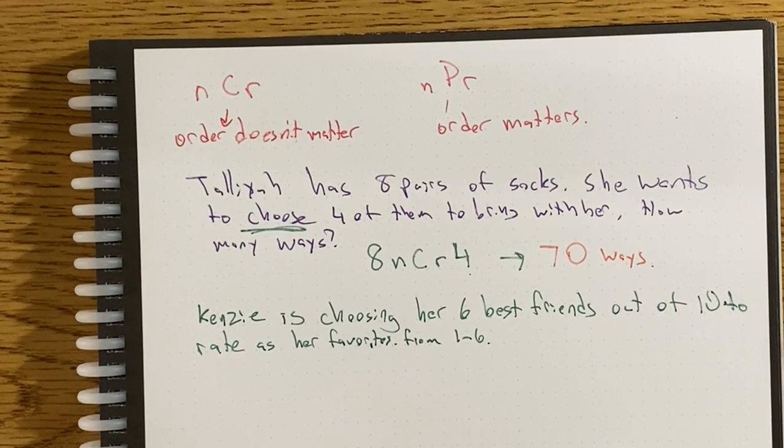So she's rating them like, you're my favorite, you're my second favorite, you're my third favorite, you're my fourth favorite, you're my fifth favorite, you're my sixth favorite. The rest of you, you're not on the list.